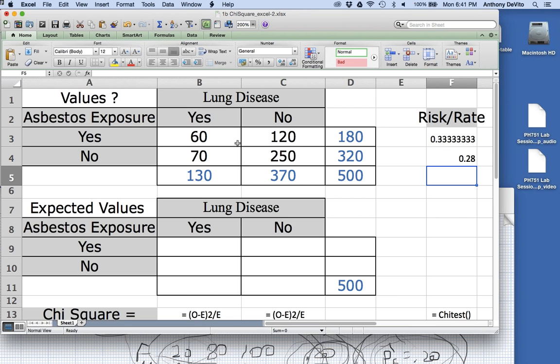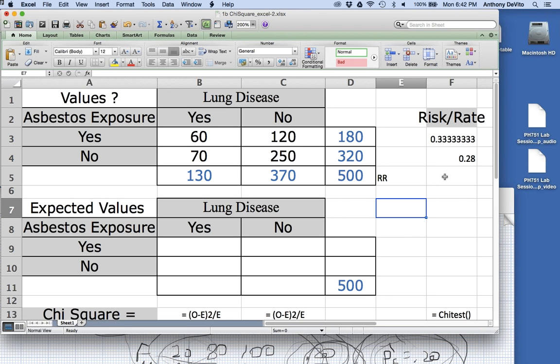So it looks clear to me that there's a higher risk for the people that had the exposure than the people that didn't have the exposure. Each one of these is the risk for this group and the risk for that group. I'm going to come up with a new number here. I'm going to call it relative risk, or RR. That's going to be relative risk, or risk rate.